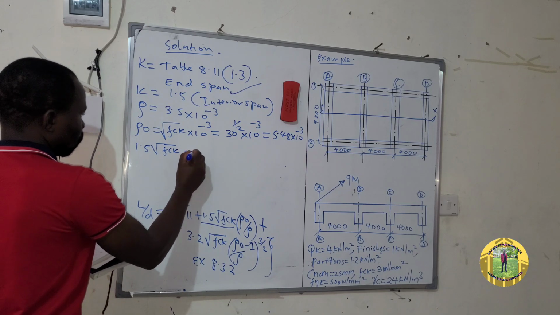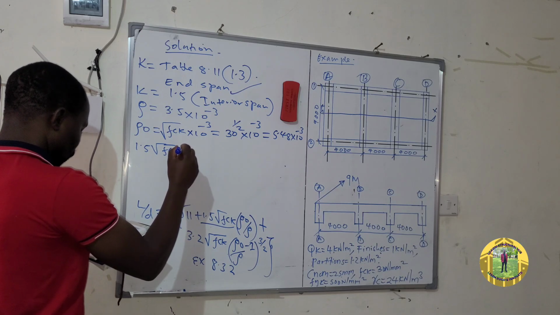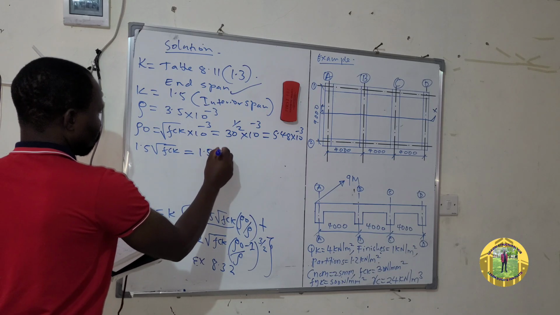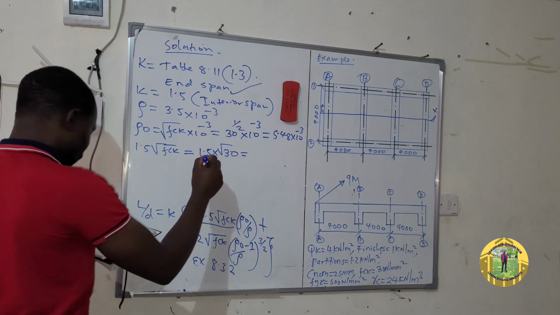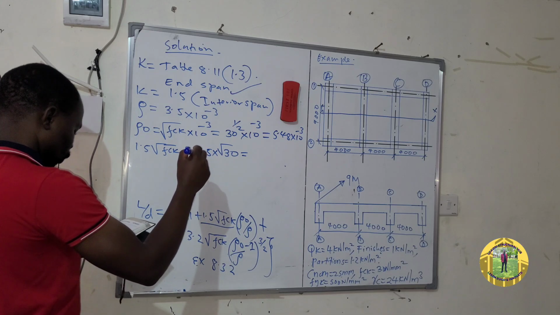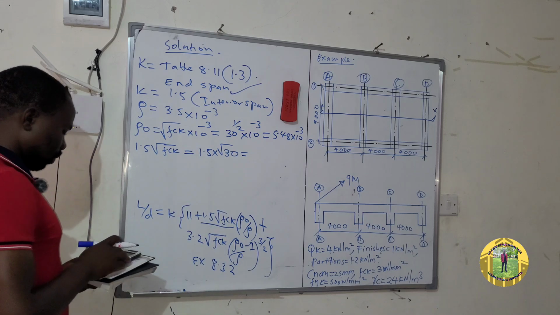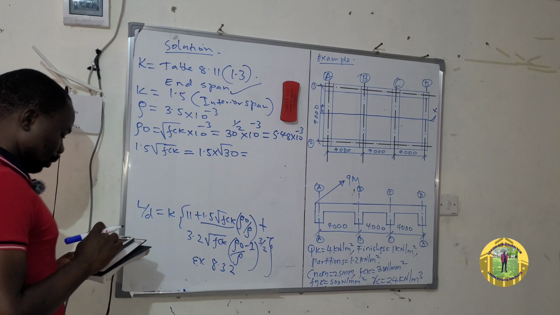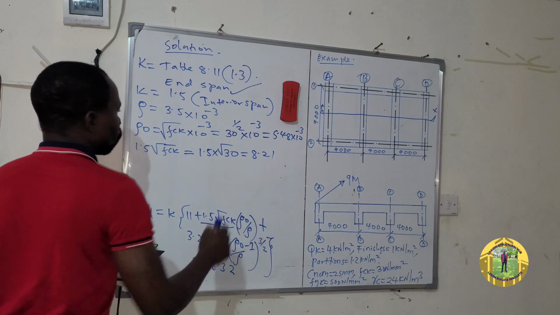So this one is equal to 1.5 times square root of 30, which is equal to 8.21.